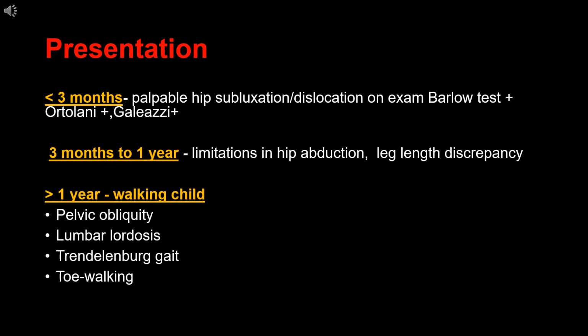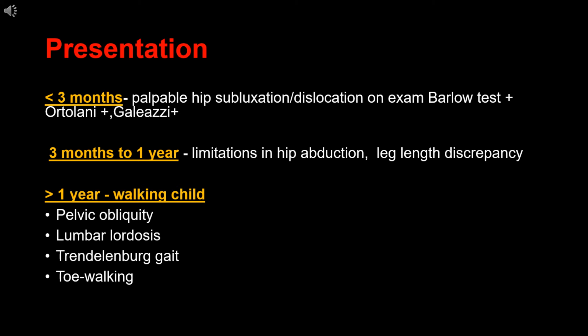Clinical presentation. Children less than 3 months will present with a palpable hip subluxation or dislocation on examination. Barlow test will be positive. Ortolani test will be positive. Galeazzi test will be positive. More than 3 months to 1 year, limitation in hip abduction and leg length disparity will be seen.